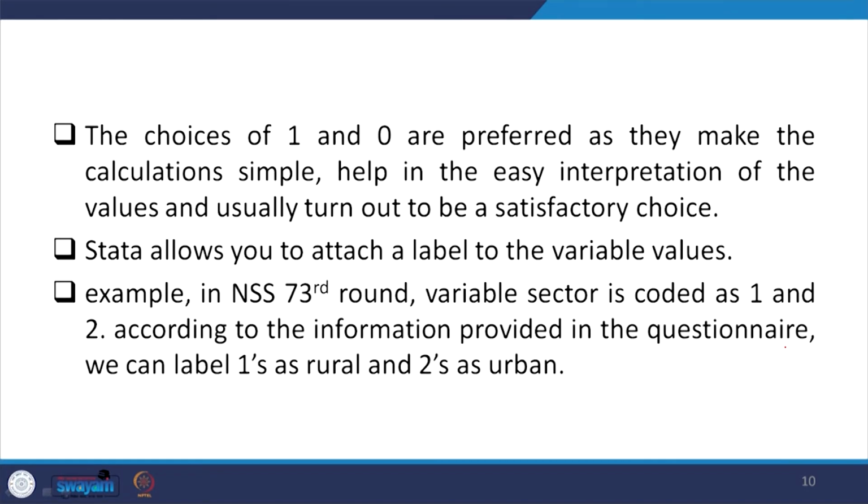According to the information provided in the questionnaire, label 1 stands for rural and 2 stands for urban. So, here we can make any one of them the dummy. If coding is defined very correctly, our interpretation for the dummy will be very good, and we are going to discuss that clearly.